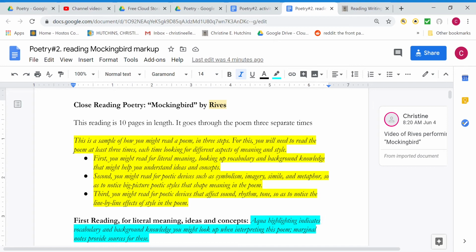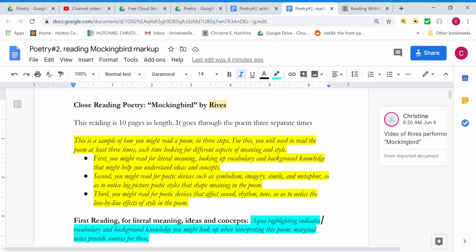The first reading is for literal meaning, looking up vocabulary and any background knowledge. And I've put all of those in marginal notes, things that I thought you might need to know to understand the poem. The second reading, you might read for poetic devices such as symbolism, imagery, simile, or metaphor. And that's sort of the big picture poetic styles that help you really understand the poem in a deeper way.